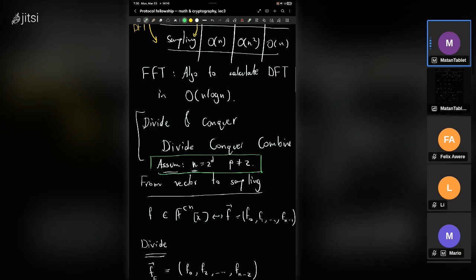The first assumption is not strict. I could have done it with n that is not a power of 2, but I cannot have P equal to 2. But that's okay. Anyway, we usually pick primes that are very, very large. They are not 2.